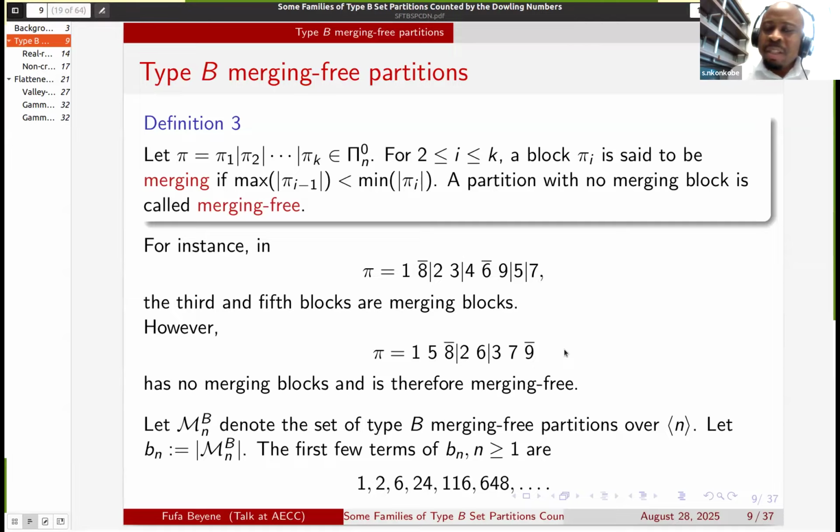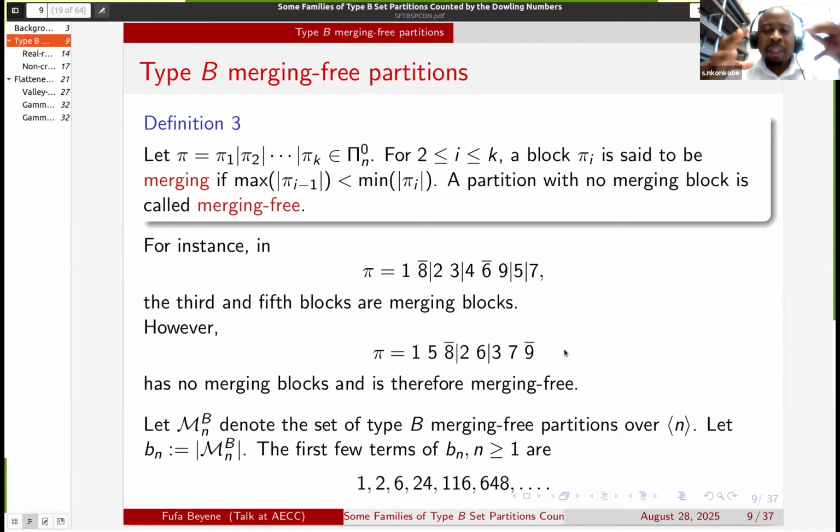Thank you. May I say something? Yes, please. Thank you so much for the talk. Judging from what you've done, there is also an analog on the other side of set partitions, where you take a set, partition it, and color the elements with a number of colors except one element, maybe the smallest element in the block. In your case, the Dowling numbers, the number of colors is equal to 2.